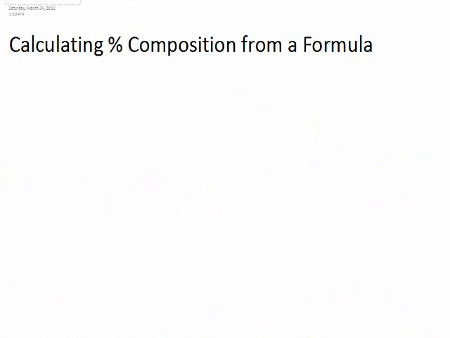Now we're going to look at percent compositions from a formula. So let's say we have C6H12O6. We want to know what the percent of carbon is, the percent of hydrogen, and the percent of oxygen.